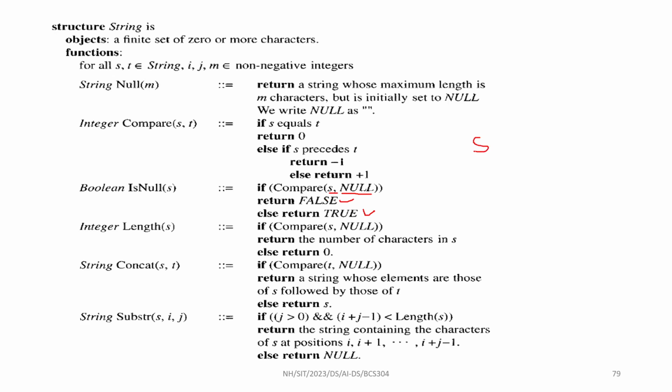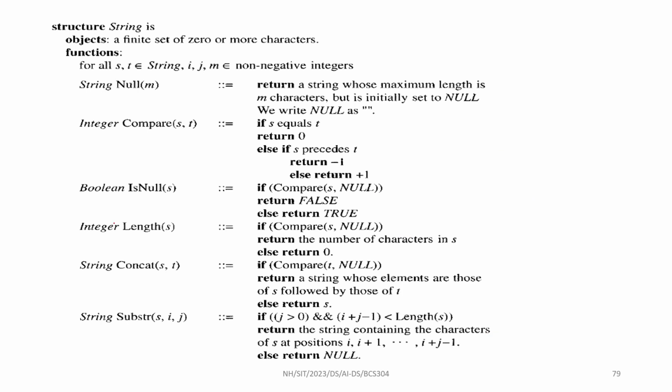For example, my first string S1 is A, B, C. I have to check whether this is null or not, so I compare S1 with the null. Is it null? S1 is not null, so the answer will be false. That is about the null check.